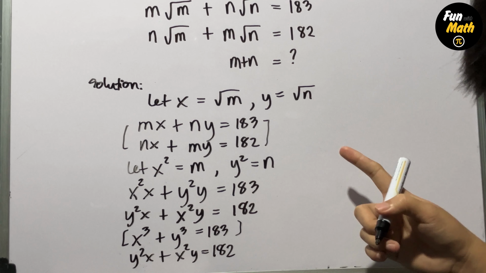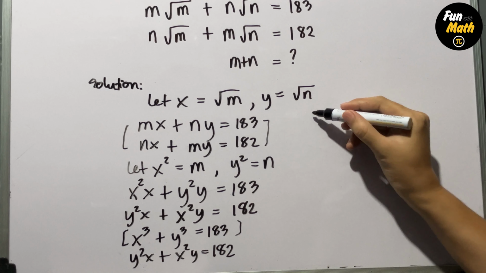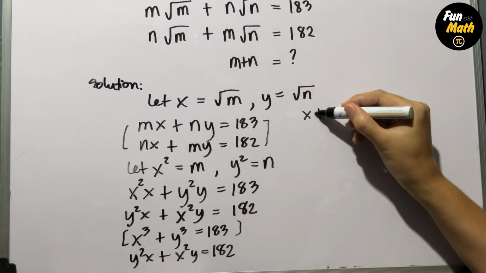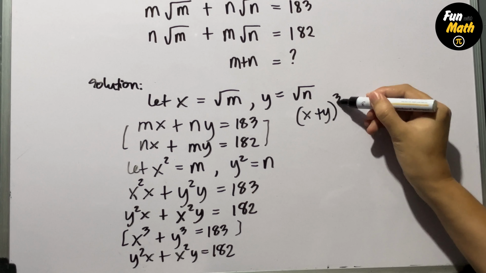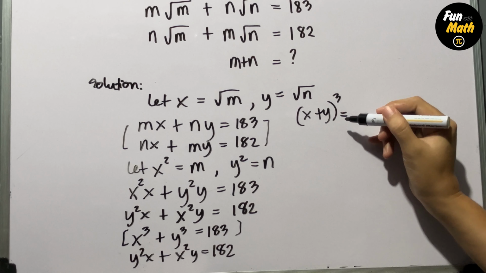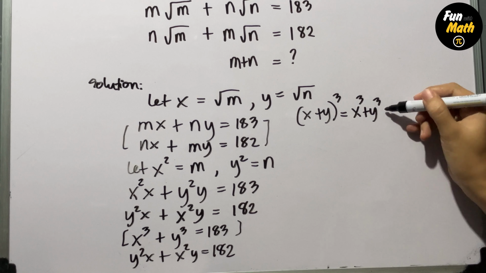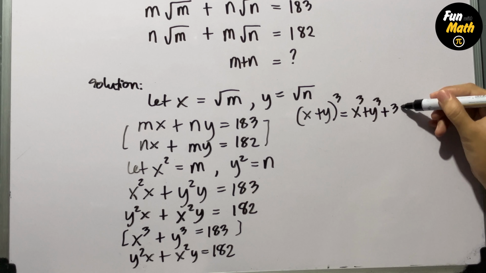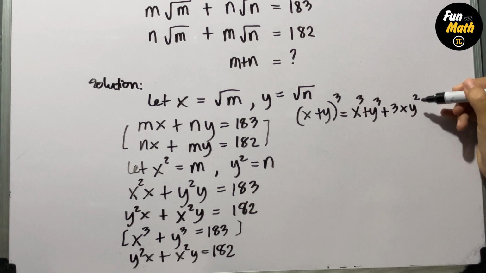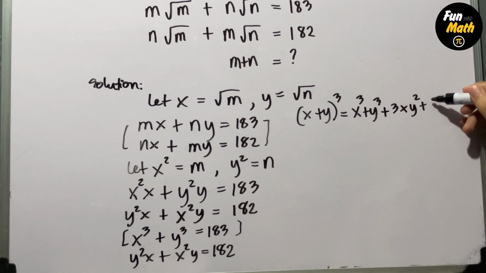Let's follow the rule of identity. We have x plus y whole to the power of 3, which is also equal to x cubed plus y cubed plus 3xy squared plus 3x squared y.